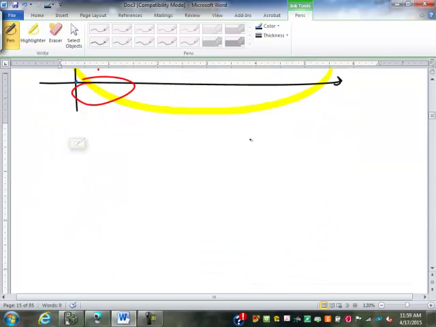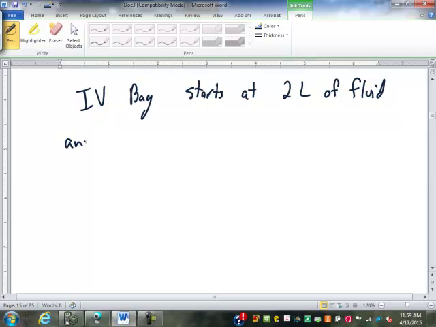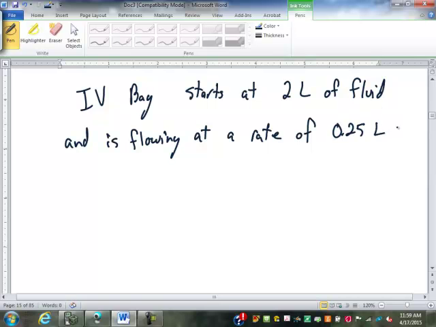So if we have an IV bag that starts at 2 liters of fluid and is flowing at a rate of 0.25 liters per hour.